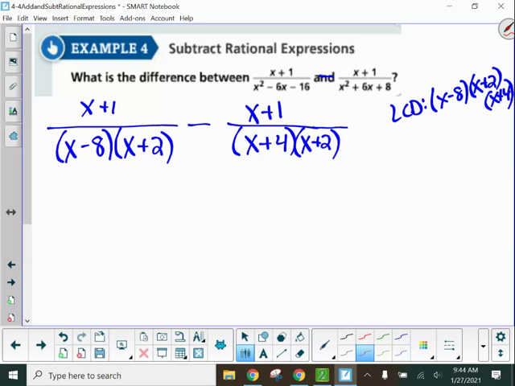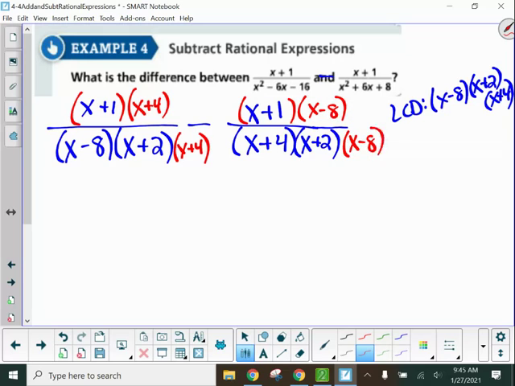So all of those have to be present. My first fraction is missing the x plus 4, so I have to multiply again top and bottom by that x plus 4. Second fraction is missing the x minus 8, so we have to multiply by that.